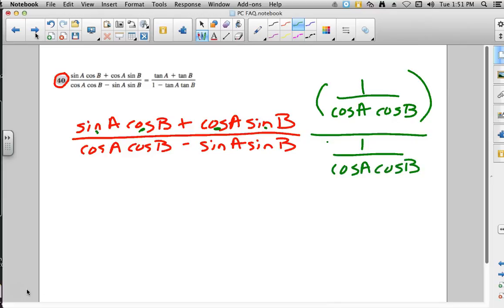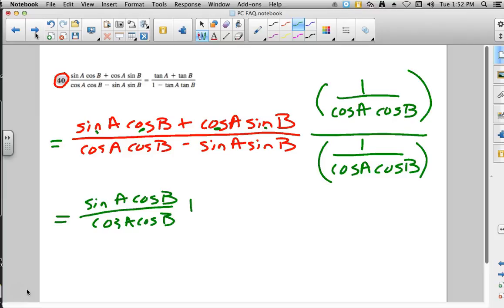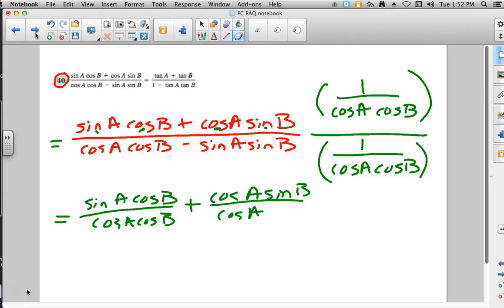And boy, oh boy, does that look weird. But that's what we need to do. We need to multiply both the numerator and the denominator by 1 over the cosine of A, cosine of B. All right, well, let's go. So we will have the sine of A, cosine of B, over cosine of A, cosine of B, plus cosine of A, sine of B, over cosine of A and cosine of B. And that's just the numerator.